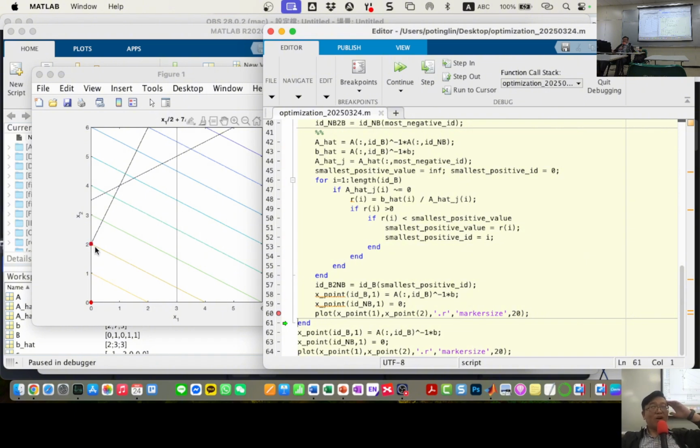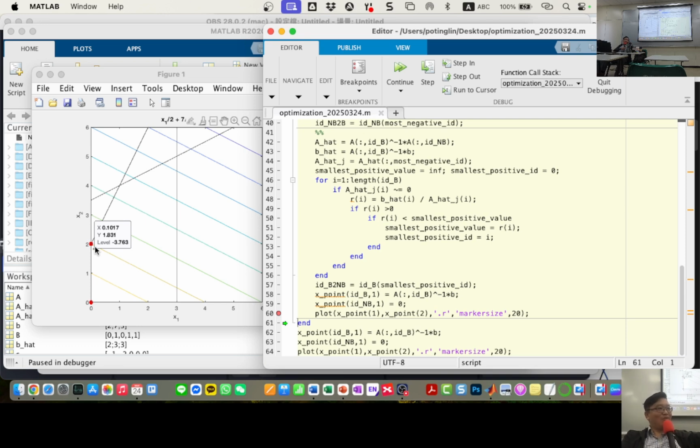So think about what we did. We increase some variable from 0 to a positive value. And let's get back to our notes. We realized the first time we increase x2. That was the time we decided, okay, x2 needs to be increased from 0 to something. And then I asked someone, okay, where do we stop?